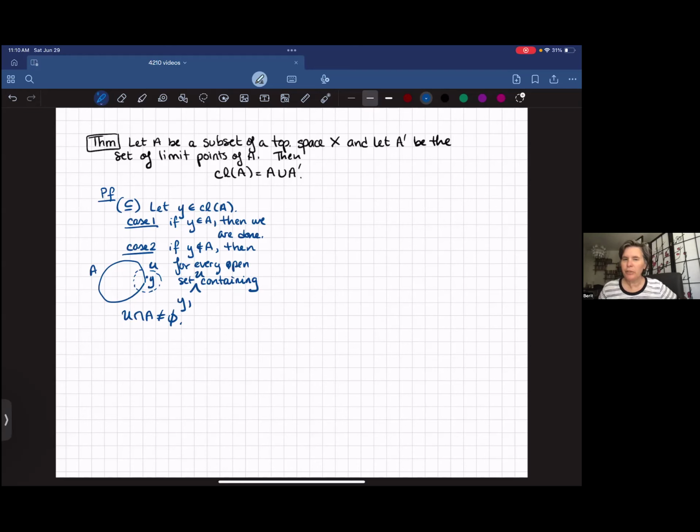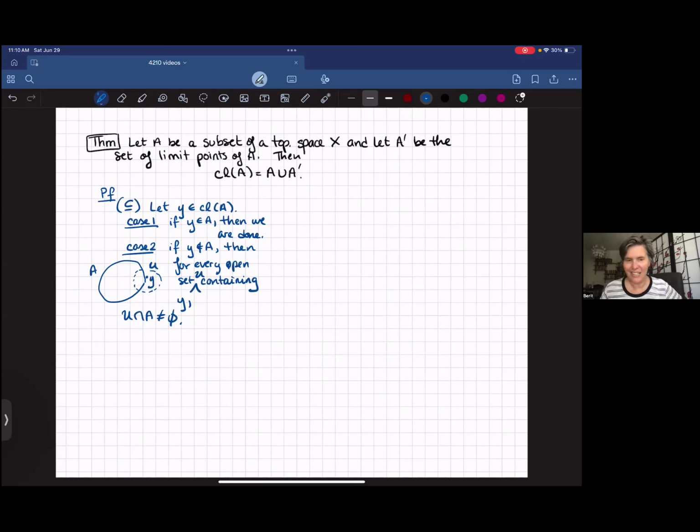Now, what do we need to prove that Y is a limit point? This is almost what we need to prove that Y is a limit point, right? What is the difference between the limit point and this statement? So the definition of limit point says that Y is a limit point of A if and only if for every open set U containing Y, U intersects A in a point other than Y. So this says that U intersects A, but it doesn't say in a point other than Y. Okay.